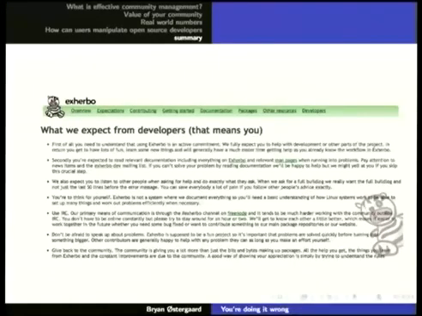And finally, this is a page from our website. A lot of people didn't really understand what we expected from them, and what the project expects from new people, from users, from community members is just as important as describing the other way around. So I simply wrote a page about this, saying, hey, this is what we expect from you.